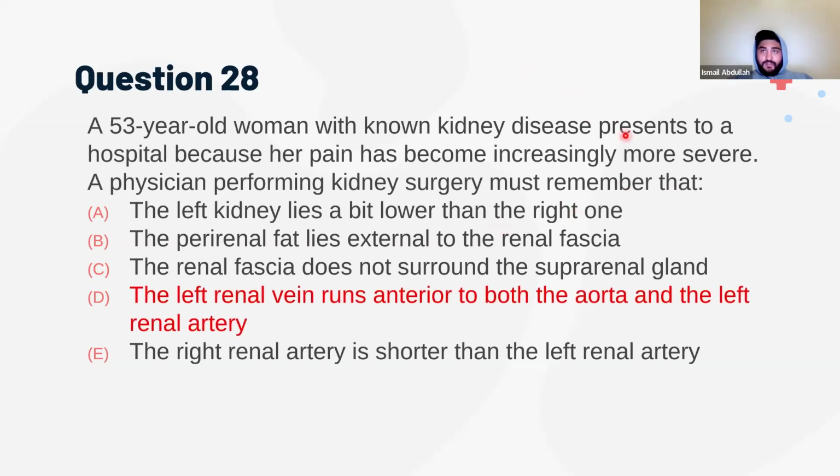Yes, it's going to be D. That's correct. The option saying the left kidney lies a bit lower than the right one is not true. It's actually the opposite. The right kidney lies lower than the left one by 2 to 3 centimeters due to the liver, of course. The perirenal fat lies internal to the renal fascia, and the renal fascia does surround the suprarenal gland, fully enclosed. The right renal artery is longer than the left renal artery. Okay, and D is correct.